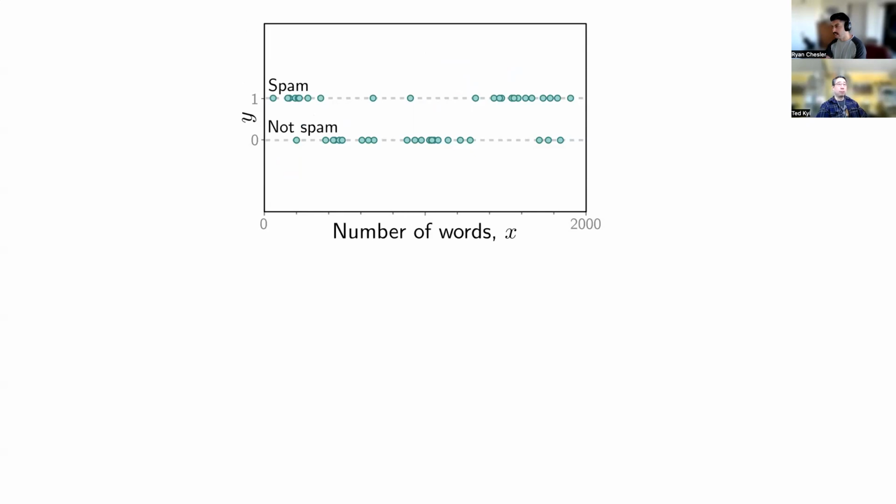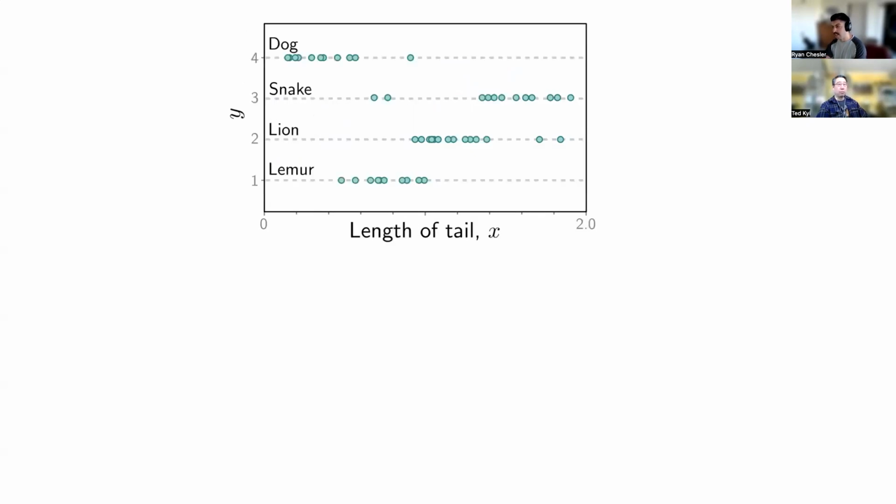And you can have a whole range of different possibilities there. Another option is you could have length of tail as a variable that helps you determine whether something's a dog, a snake, a lion, a lemur. So you can have several different classes like that.